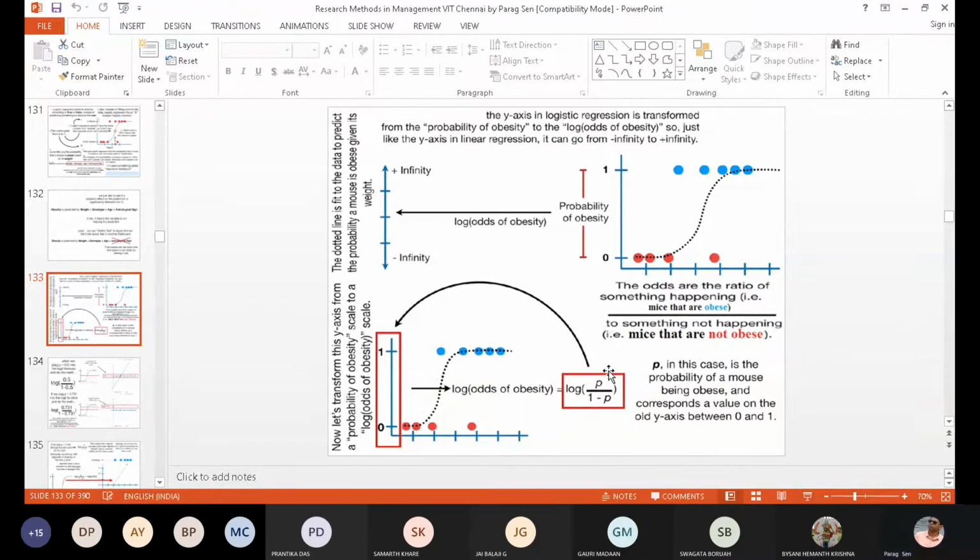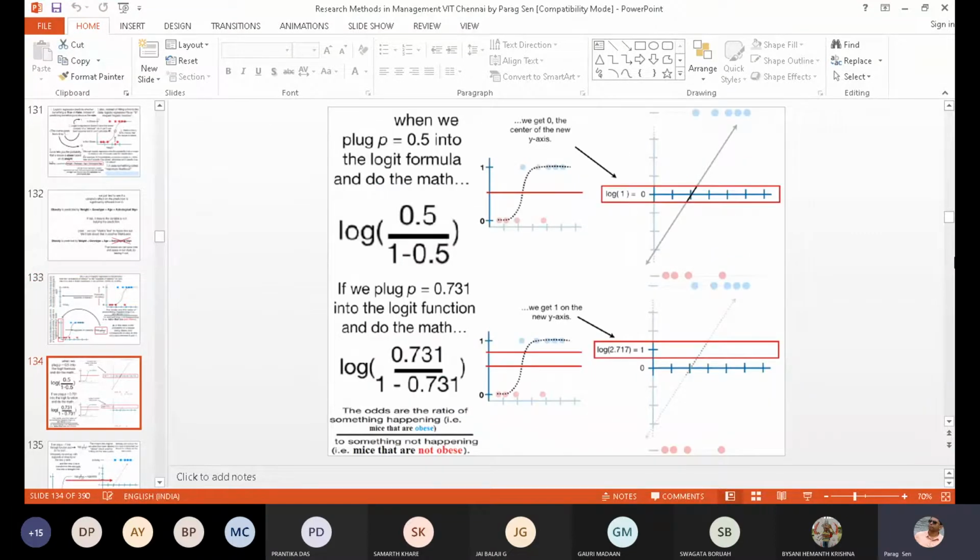So we take log of p divided by 1 minus p. Okay, so now let's take a look at this.